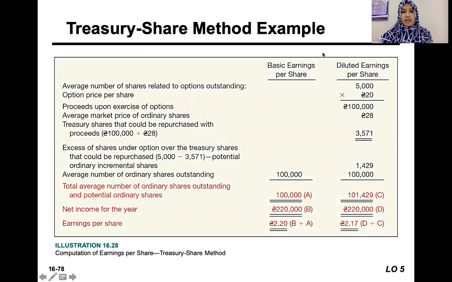The average number of shares related to options is 5,000, and the price for that option is $20. So the proceeds that will be received by the company when they exercise the options is 100,000. We compare with the average market price of $28.